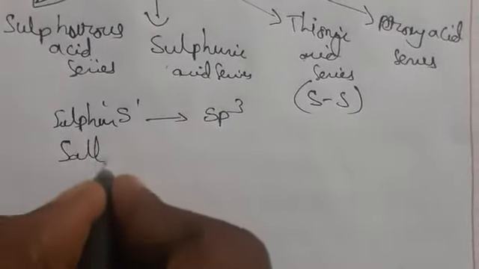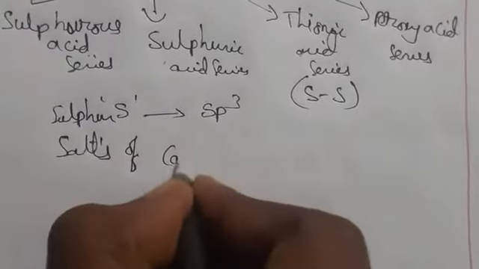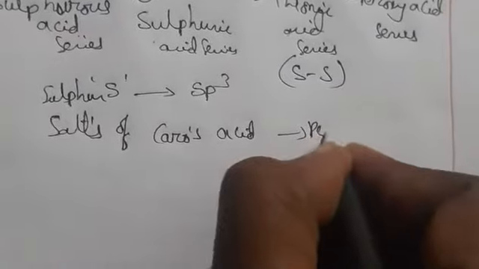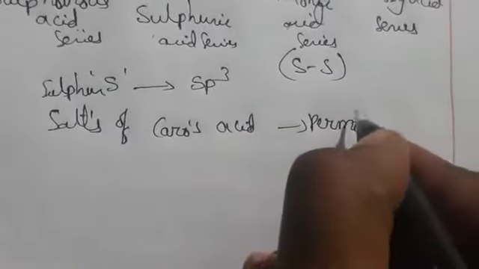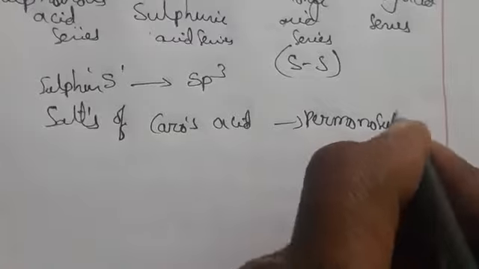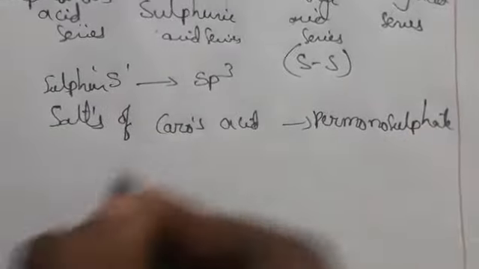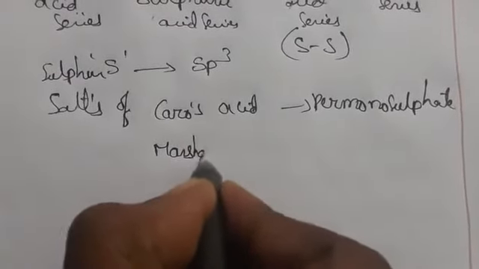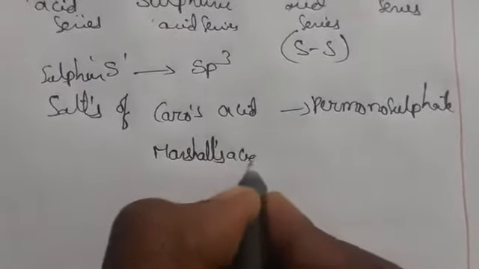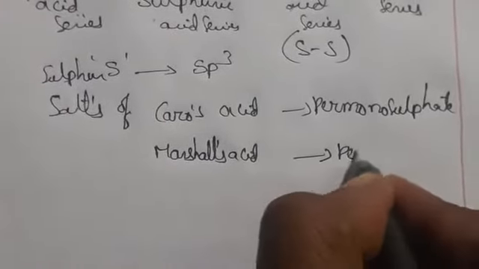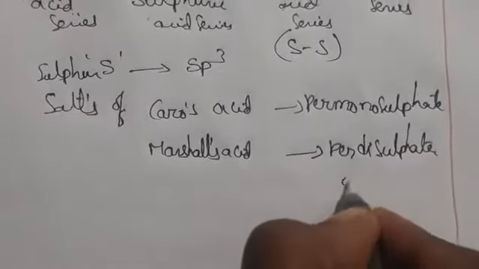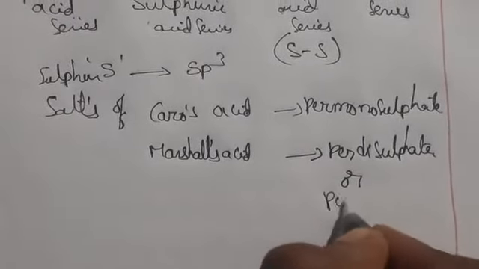Okay, so here the salt of Caro's acid we call as permonosulfate. And coming to here, Marshall's acid we call it as disulfate, or we can say persulfate.